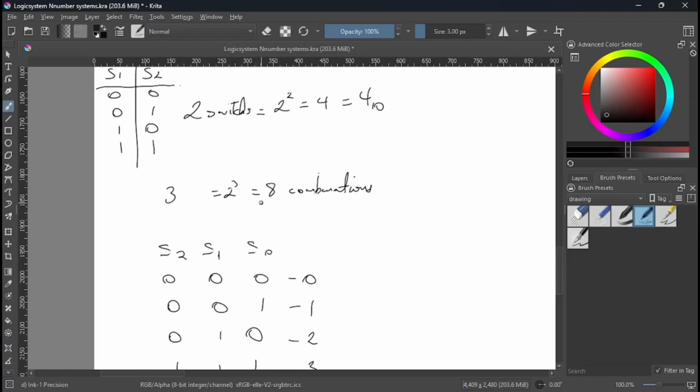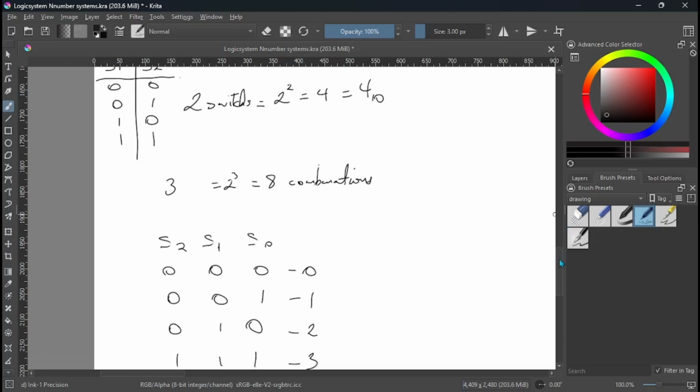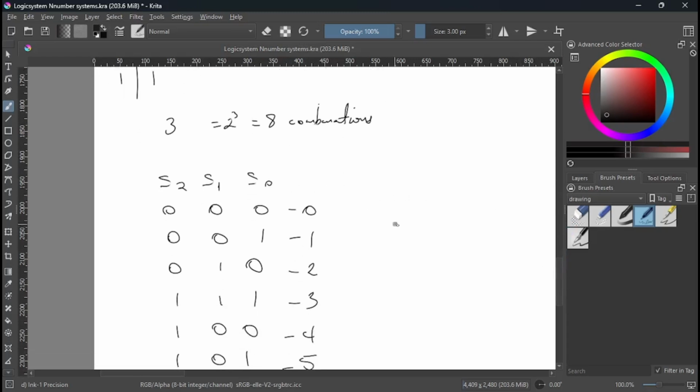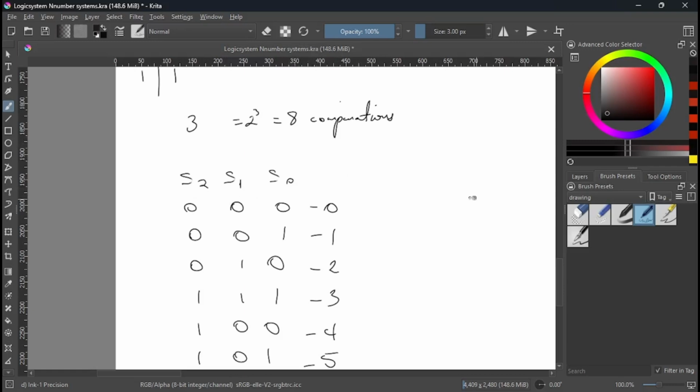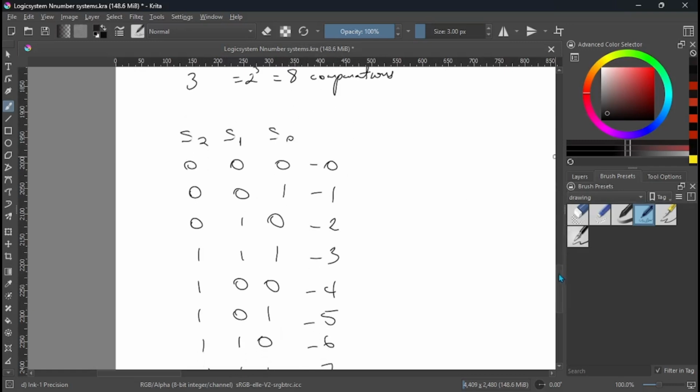For 3 switches, it'll be 2 to the 3, which gives us 8 combinations: switch 0, switch 1, switch 2. The decimal value for 000 is 0.